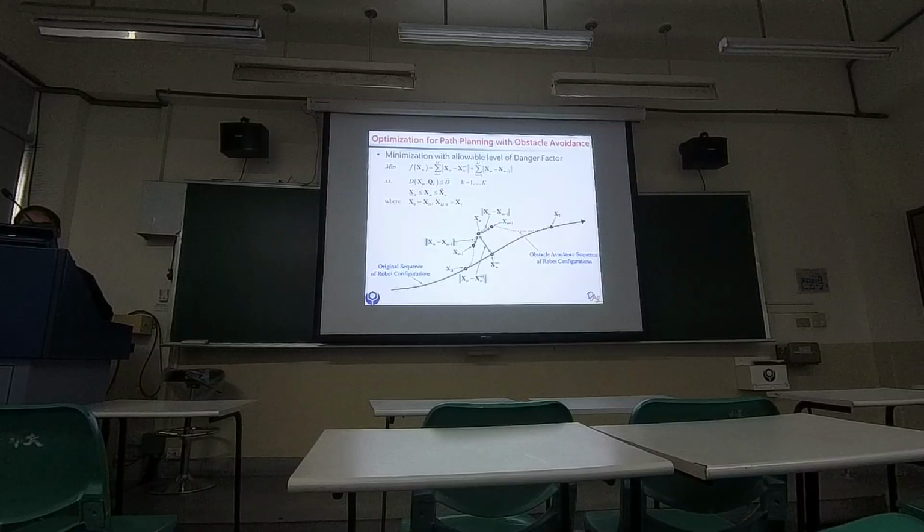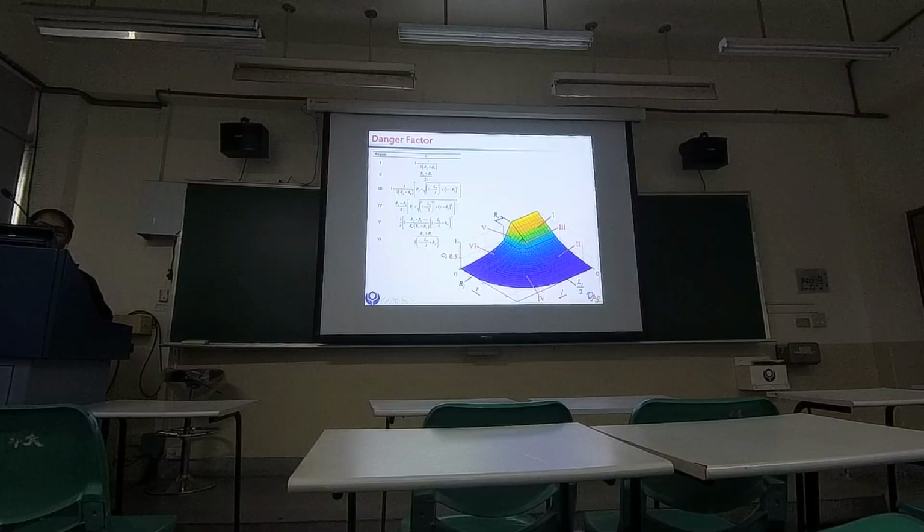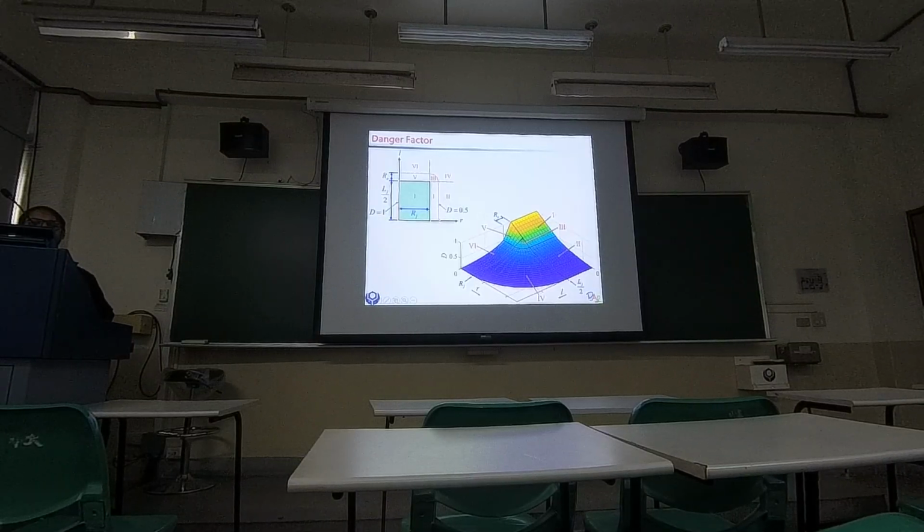So now, all these factors which we calculated as regions, we minimize with the allowable level of danger factor. We put the danger factor to an allowable level, which should always be less than 0.5. 0.5 is just a margin limit when it touches the obstacle.